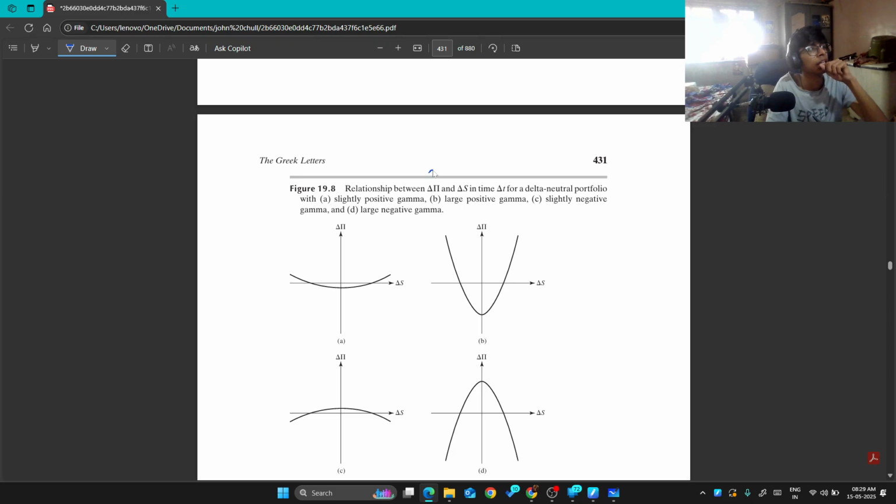You can see the relation between the portfolio value and spot price.